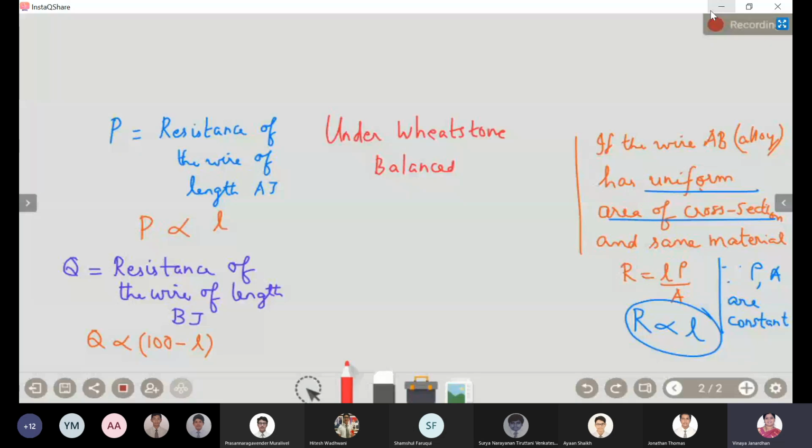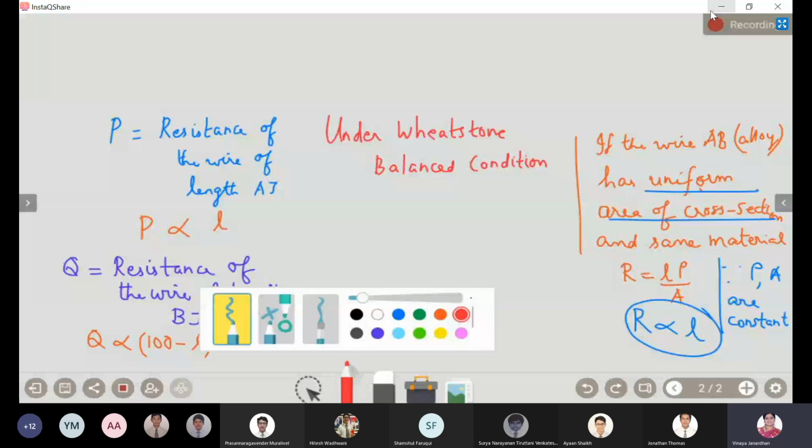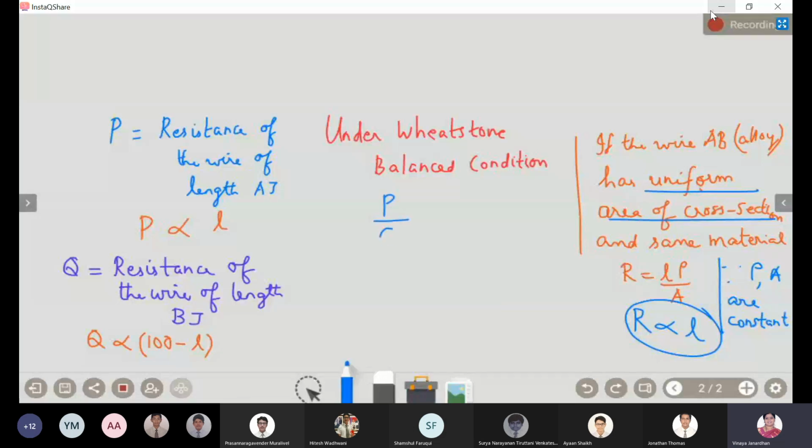That is what we arrive at when deriving the resistance balanced condition: no current should flow through the galvanometer. So P by Q must be equal to R upon X. What is P?